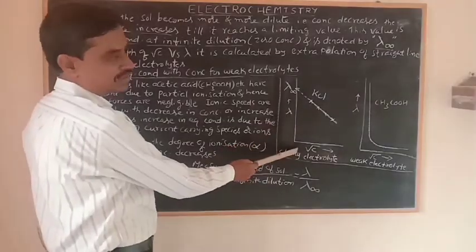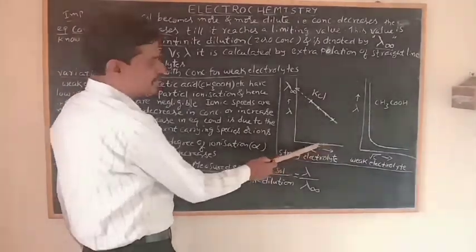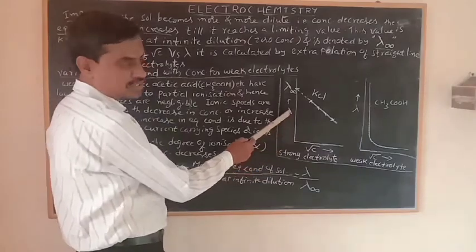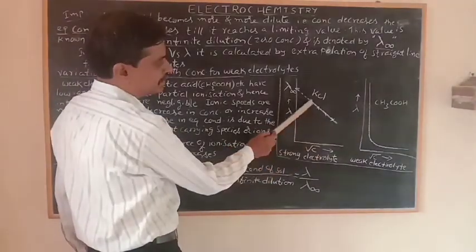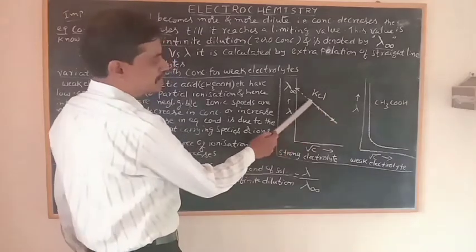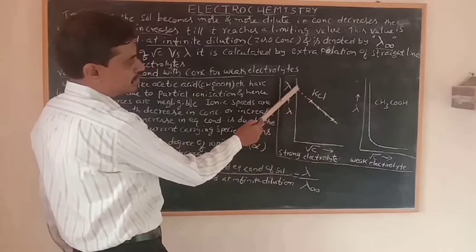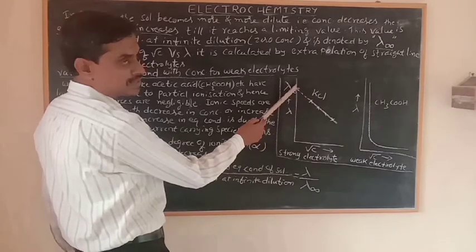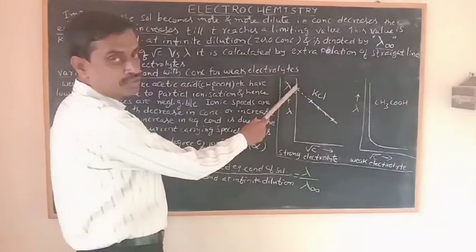See the graph here. If the square root of C on the x-axis is plotted against lambda along the y-axis, for a strong electrolyte you will find different points here. If you join these points, you will get a straight line. If this straight line is extrapolated towards the y-axis, it meets some point here; this is called the equivalent conductance at infinite dilution.